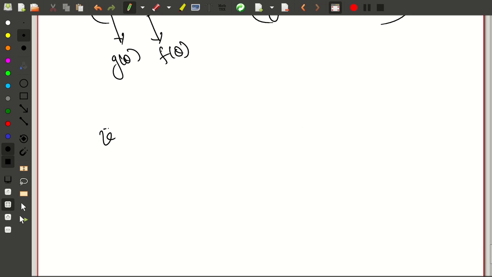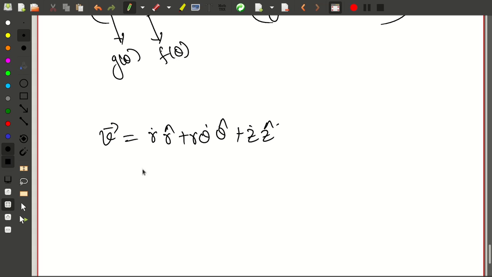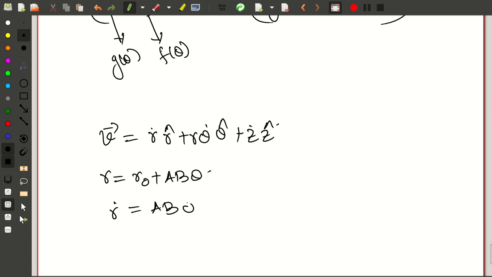Now you have to find out the velocity. The velocity, in the cylindrical polar coordinate system, is r dot r cap plus r theta dot theta cap plus z dot z cap, and r is equal to r naught plus AB theta. Which means r dot is equal to AB theta dot, and z is equal to a theta, which implies z dot is equal to a theta dot.